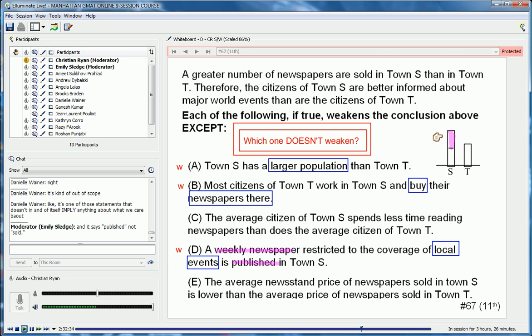It doesn't say how many of them. It could be just a couple of those newspapers. But there's good reason to believe that at least some of those newspapers are just local papers, and that's only going to bring this number down. It can't bring that number up. So I hope that's helpful.